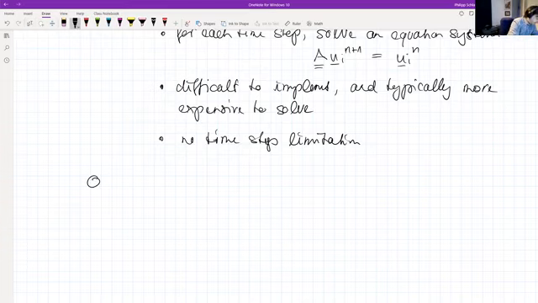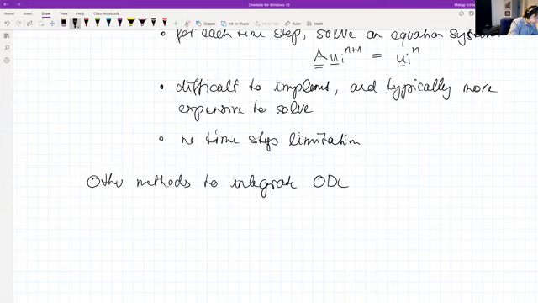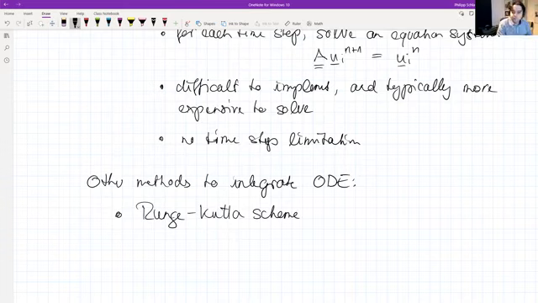Just to do some name dropping, there are other methods to integrate ordinary differential equations, and I'm sure you have heard of the Runge-Kutta schemes. That is something that is very popular in CFD or in general.